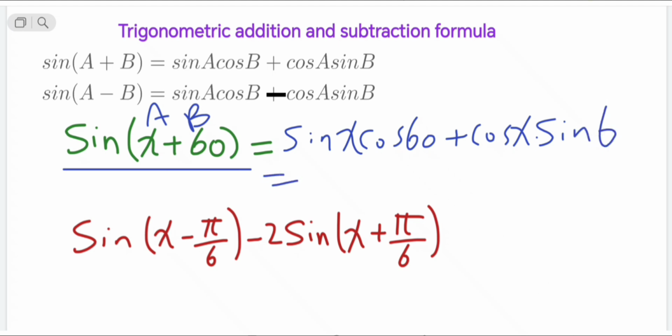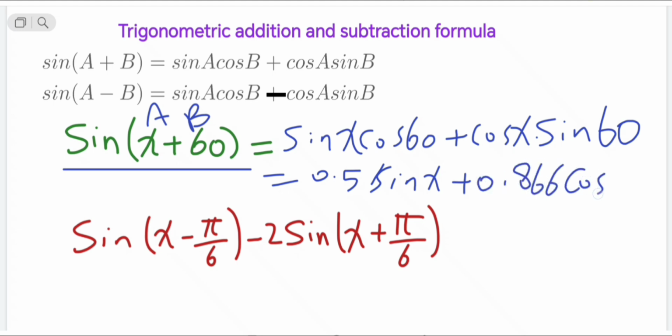You can use a calculator. What is cos 60? Cos 60 is 0.5. So this is 0.5 sin x plus sin 60. What is sin 60? That is 0.866, and cos x, because we write the coefficient before. So this is the answer.